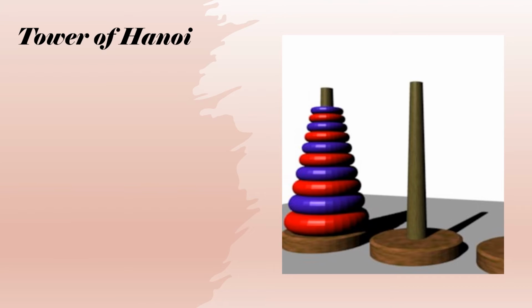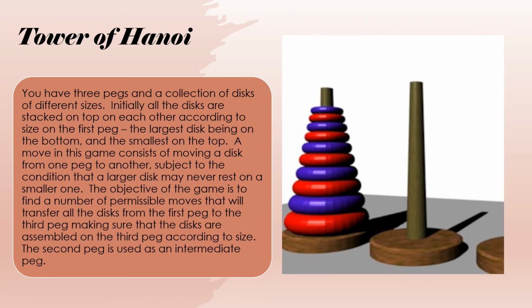In the Tower of Hanoi, we have 3 pegs and a collection of discs of different sizes. Initially, all these discs are stacked on top of each other according to size on the first peg. The largest disc is at the bottom and the smallest is on top.